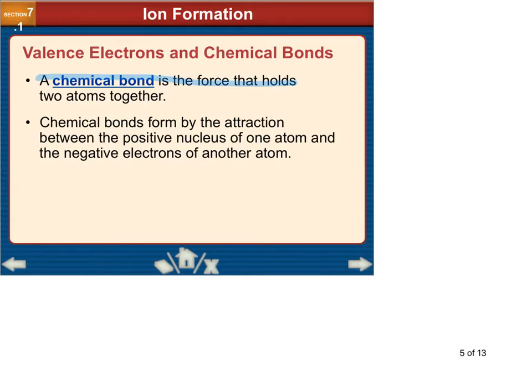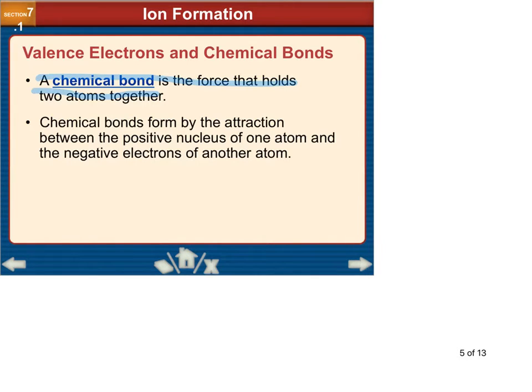Chemical bond: a force that holds 2 atoms together. We're going to be looking at a number of different chemical bonds. In this chapter, we're going to be looking at ionic bonding. Another big one we'll be looking at is covalent bonding and some different types of covalent bonding.